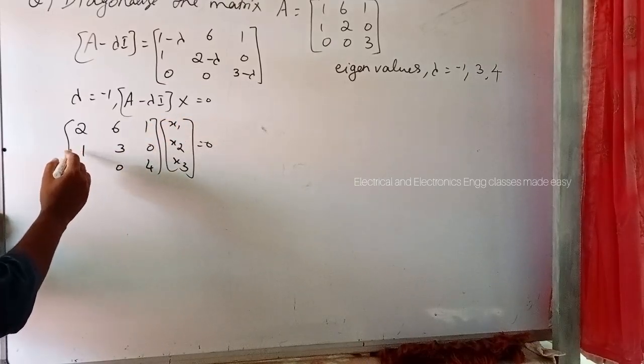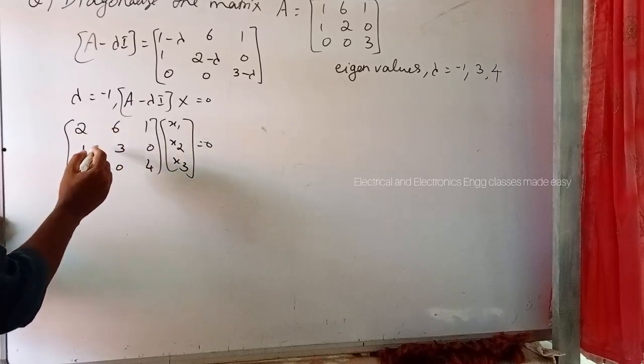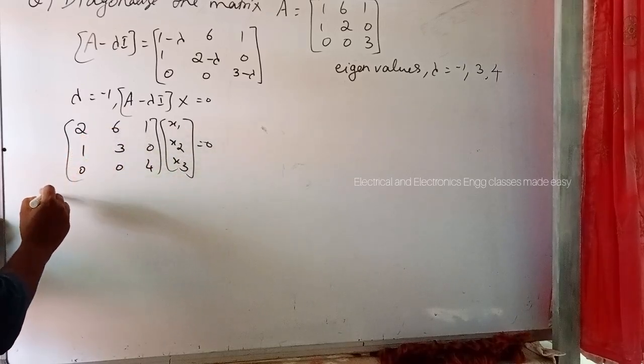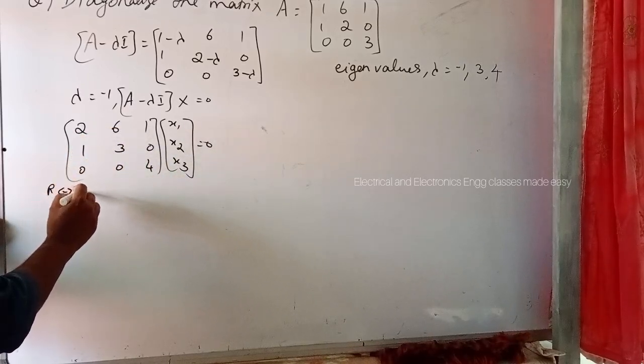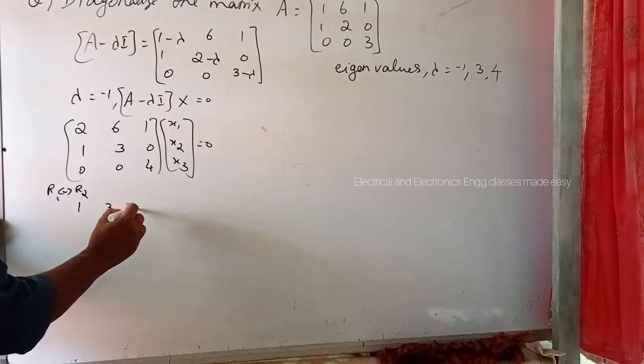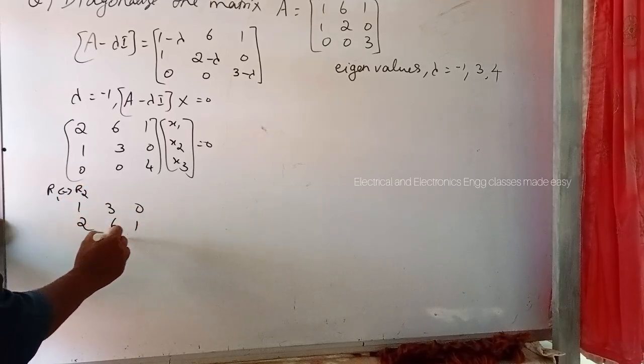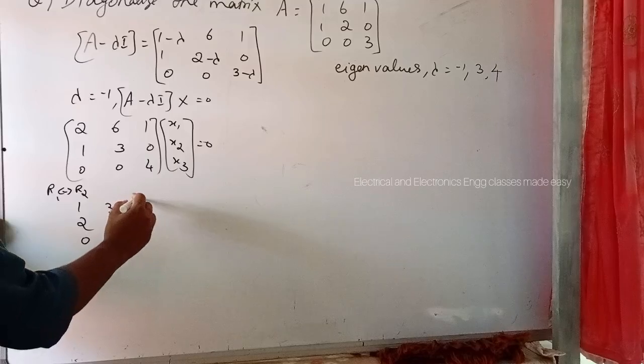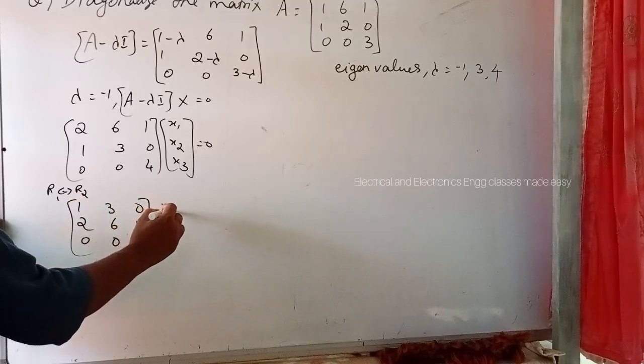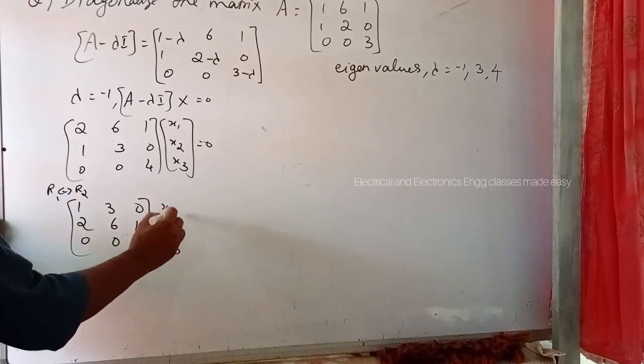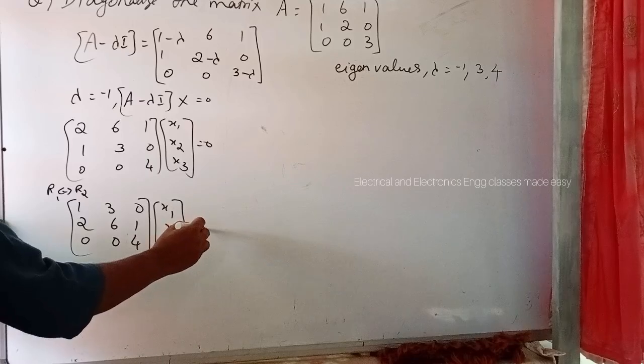Now let us find the rank of this matrix. For that let us interchange these two rows, that is R1 interchanged with R2: [1, 3, 0; 2, 6, 1; 0, 0, 4] into x1, x2, x3 equal to 0.